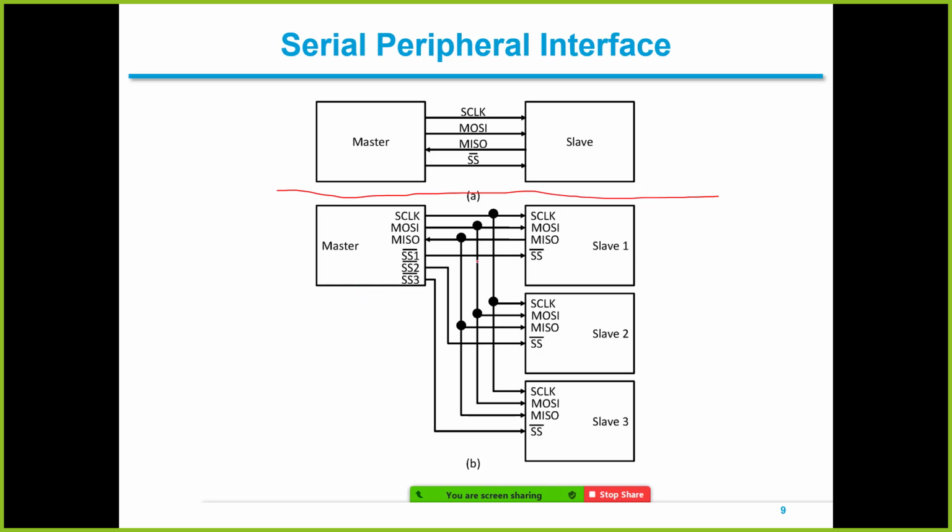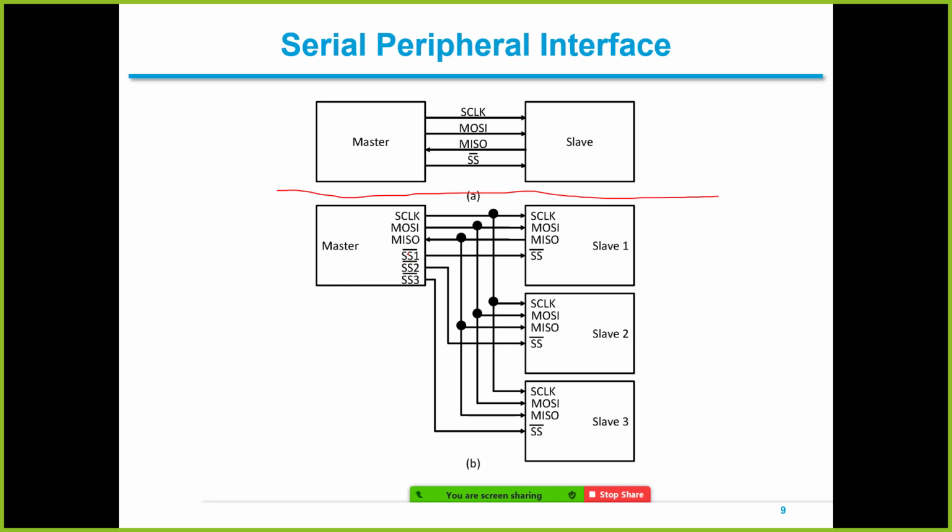But we have more pins to select which slave to communicate with at a certain moment. And so here you can see that we have more selection signals.